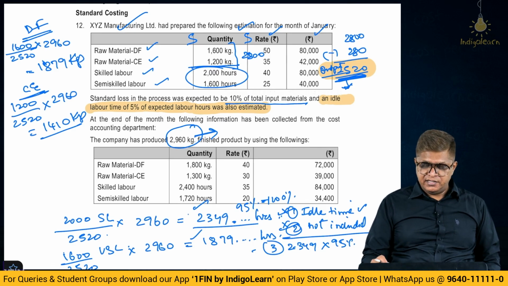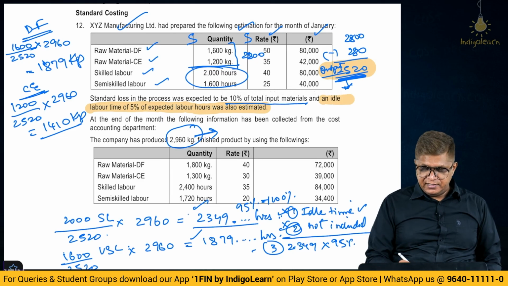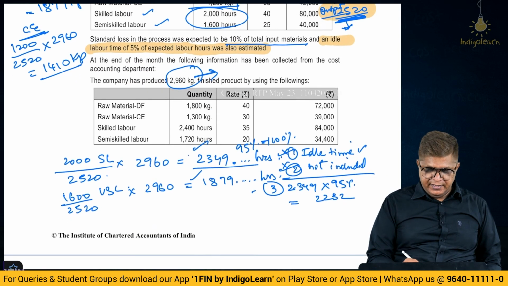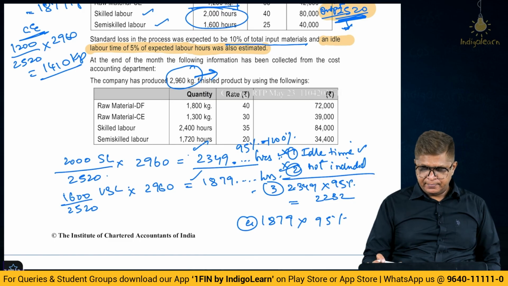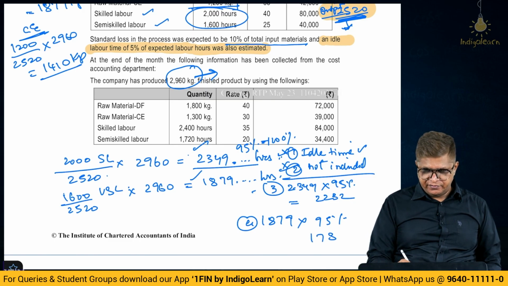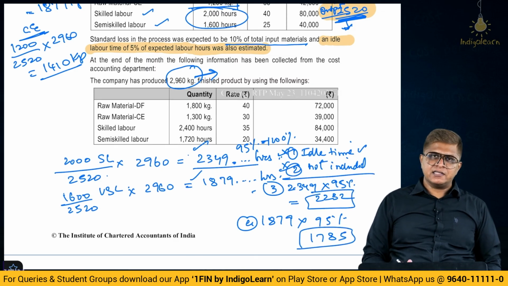So what they are doing is 2349 into 0.95, they are saying skilled hours is 2232, and for unskilled they are saying 1879 into 95%, 1875. So they have done their calculation based on these two numbers, but it makes little sense to me.